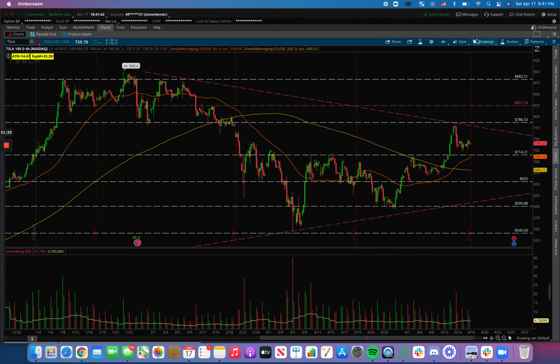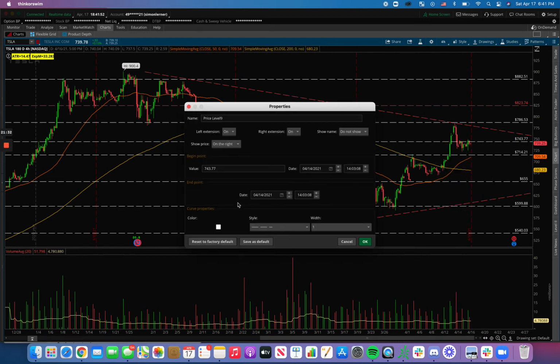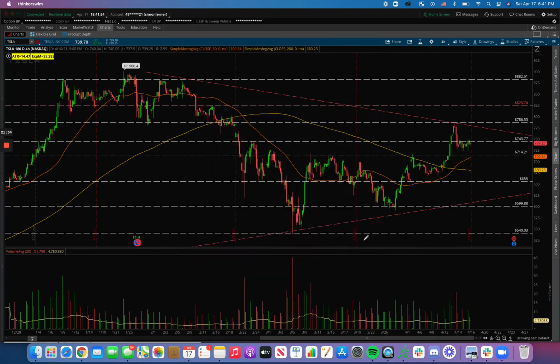So I'm also going to add this level onto here, because it is an important level that the stock Tesla struggled around, and I'm going to change the color to red since it's on a lower time frame. As you can see, we couldn't break this level before and finally broke it.